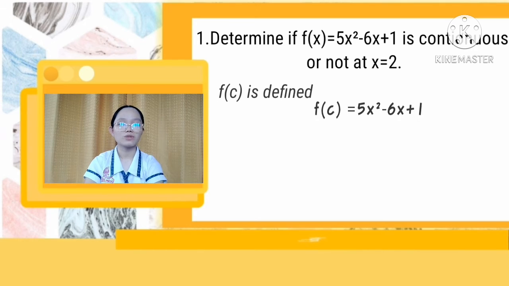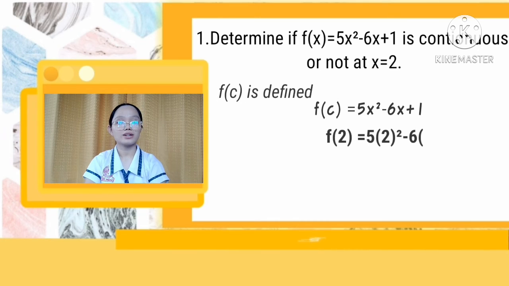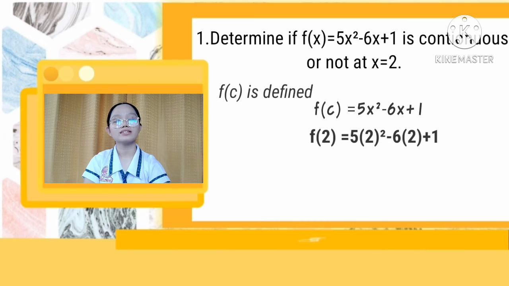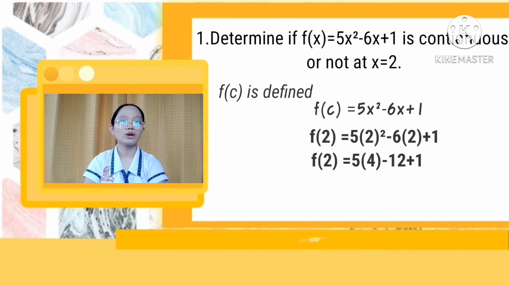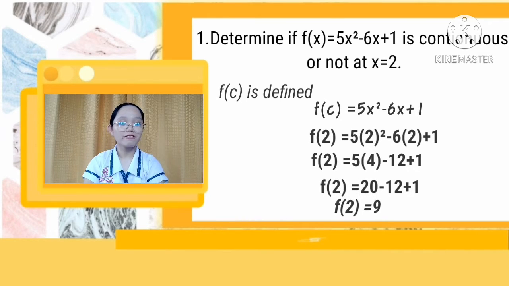F of 2 is equal to 5 times 2 squared minus 6 times 2 plus 1, which is 5 times 4 minus 12 plus 1, equal to 20 minus 12 is 8 plus 1, 9. Therefore, f of c is defined.